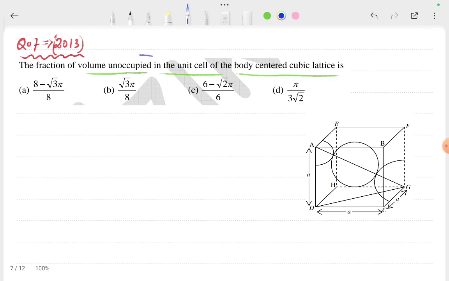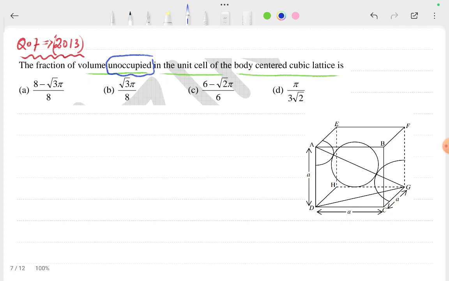Unoccupied. We calculated in our lecture the fraction of volume occupied in the unit cell, right? But here it asks you the fraction of volume unoccupied. When you calculate the fraction of volume occupied in the unit cell, it's called packing fraction.